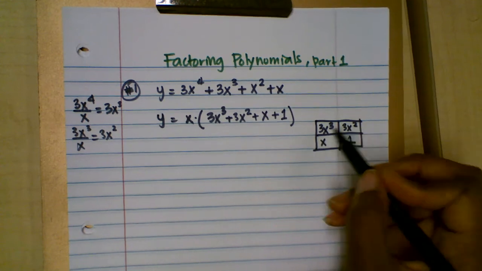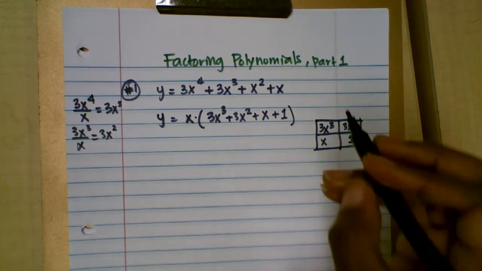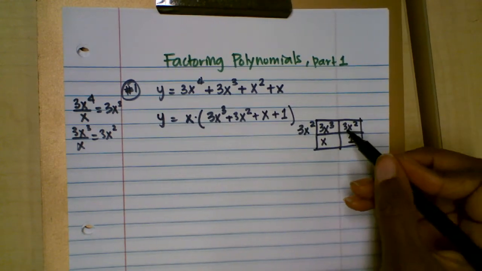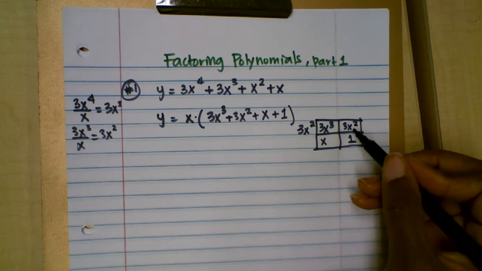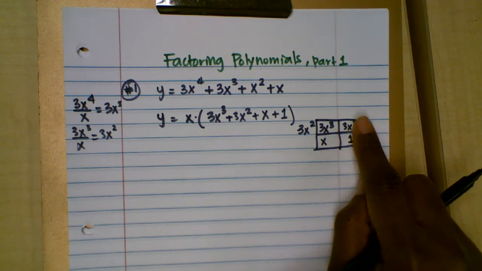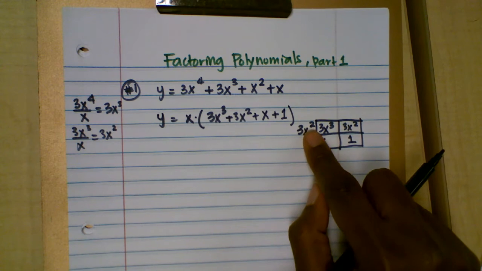So now I have to find out what the greatest common factor is for the first row. It's going to be 3x squared. If both terms have the same variable x, always use the one that has the lowest exponent, the lowest power. For those 2 terms, the one with the lowest power is x squared. So I pull out x squared outside.